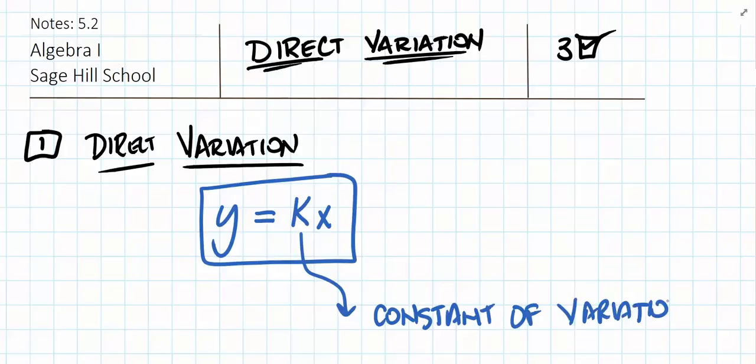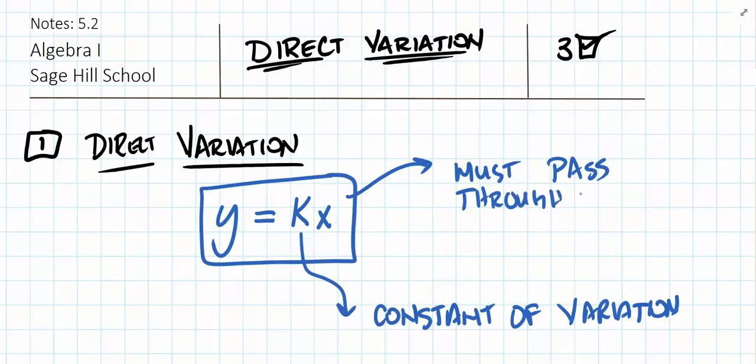Every single graph that we just noticed must pass through what point? It must pass through the point (0, 0), as we see in all of these graphs right here.